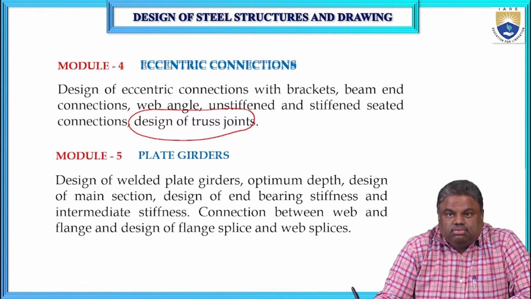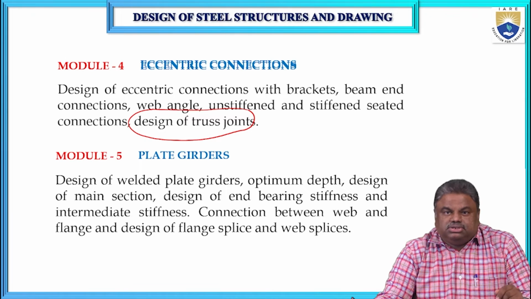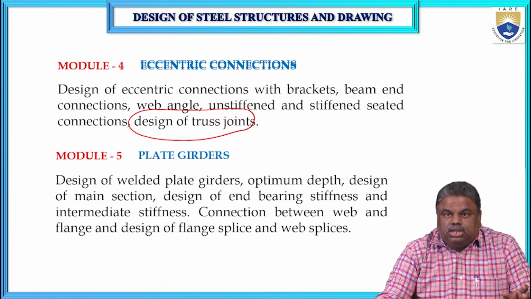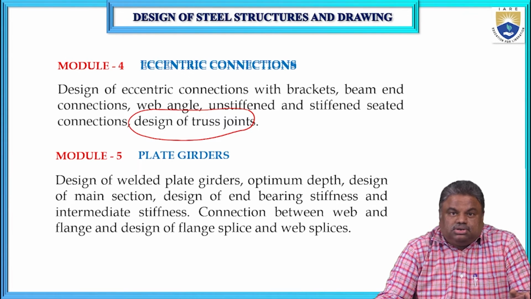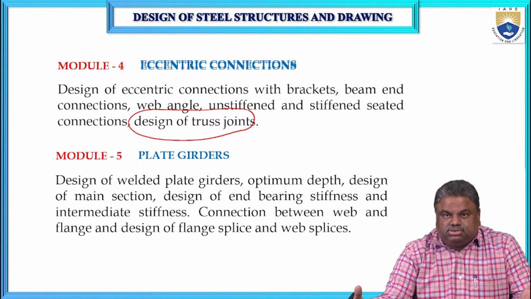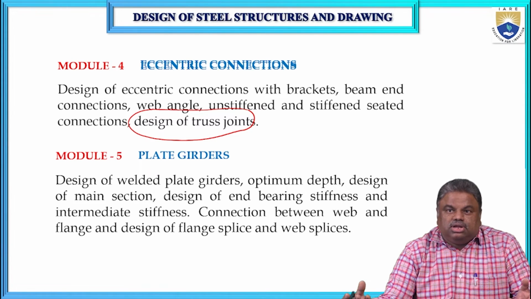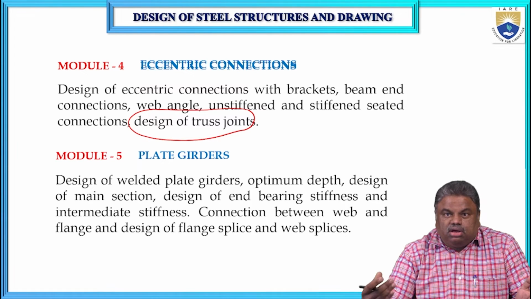So module 5 is where we'll talk about plate girders. Plate girders are nothing but beams, but the span of the plate girders will be very large, 20 meters or 30 meters. Especially this type of girder you are going to see in steel bridges, where you can see very large spans.